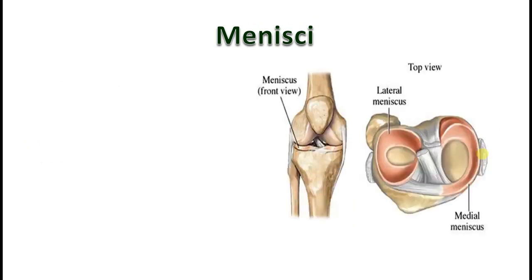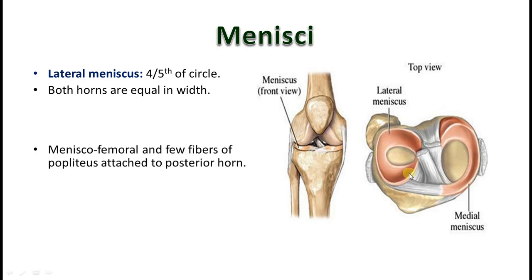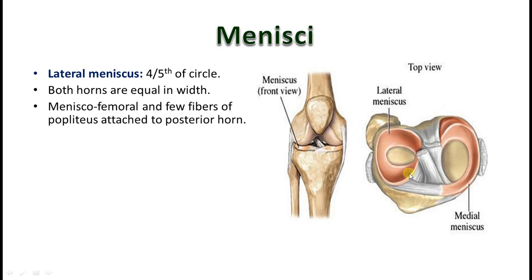Next, coming to the lateral meniscus, it is almost a circle, 4/5 of a circle, not semilunar or crescent shaped like this, almost like a circle. So the meniscofemoral fibers we are able to see here on the lateral meniscus. We have seen that ligament, Humphrey and Wrisberg, and a few fibers of the popliteus muscle are also attached posteriorly to the lateral meniscus.